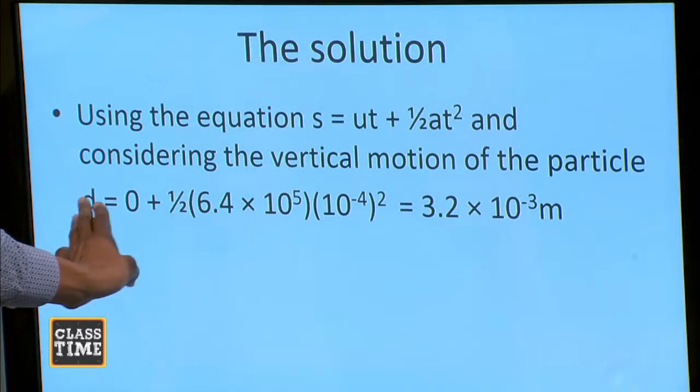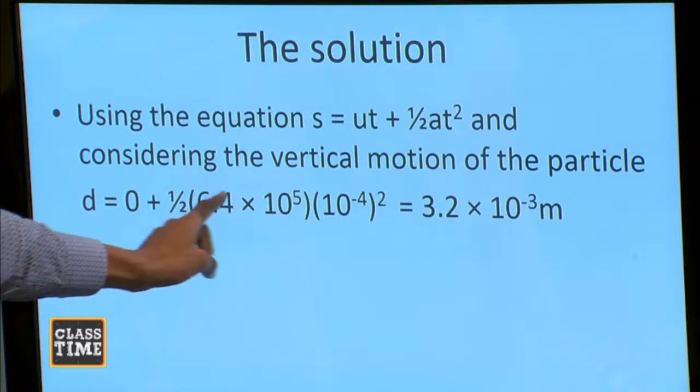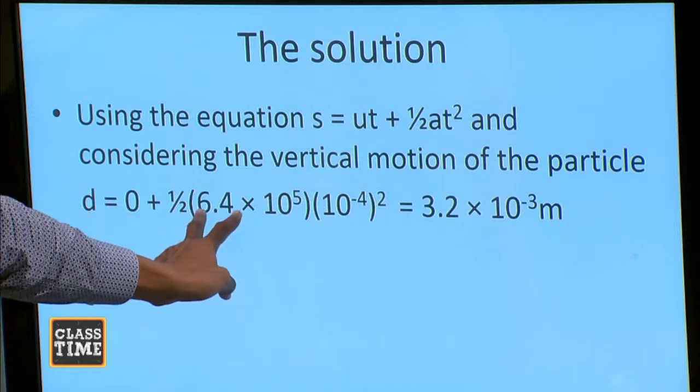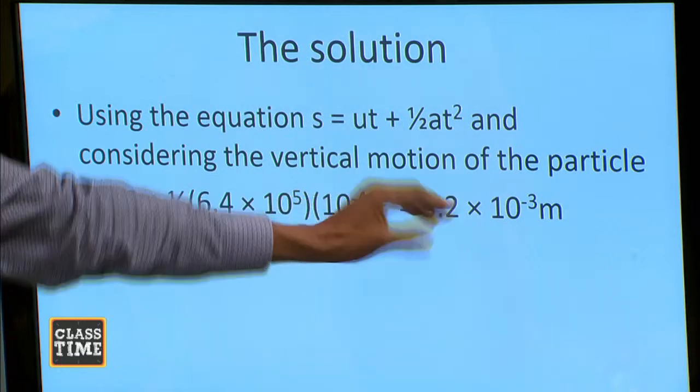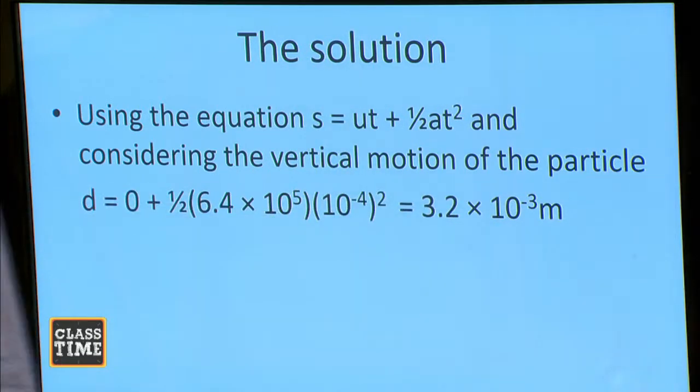We use s equals ut plus half a t squared, with the acceleration we worked out and the time for which it travels. We get that the distance it travels is 3.2 by 10 to the negative 3 meters, or 3.2 millimeters.